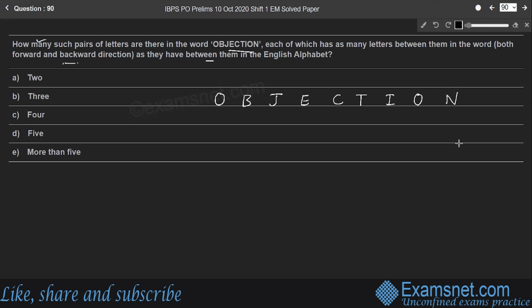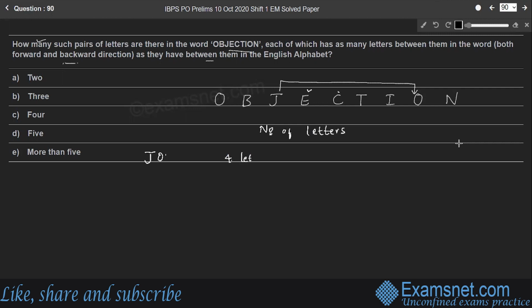Here, we'll take J and O. So, the pair is J and O. Here, number of letters between J and O in the given word, there are 4 letters, right?